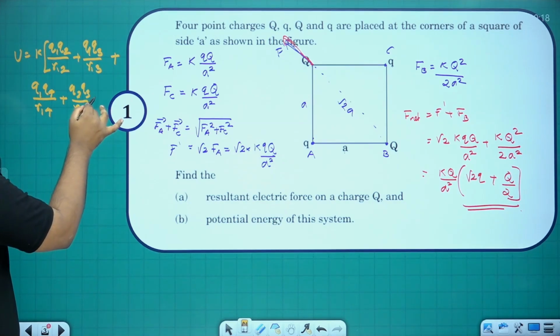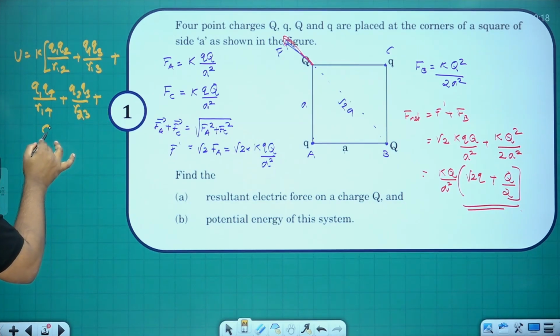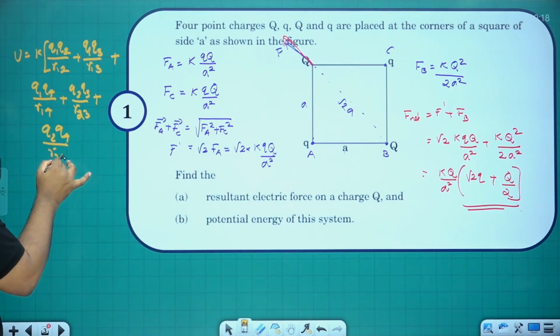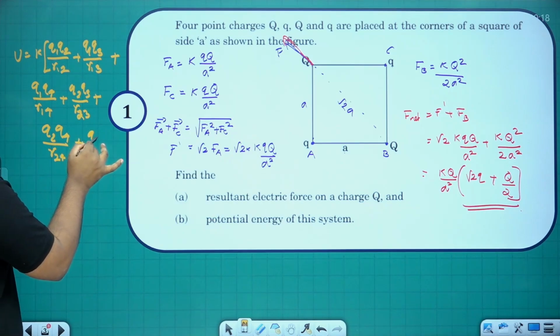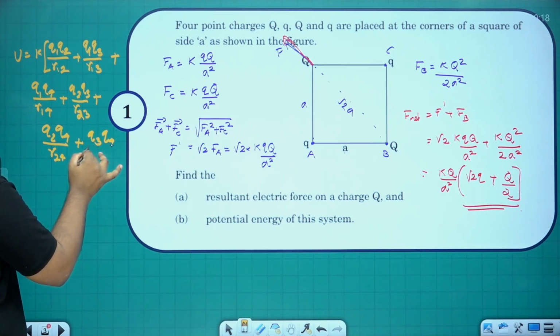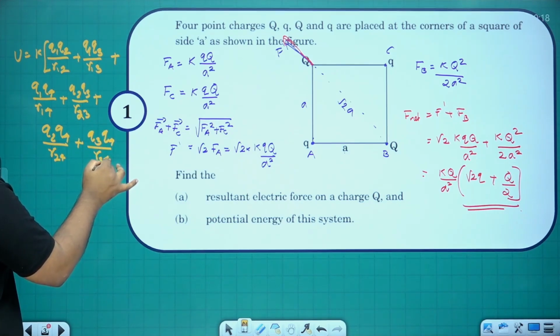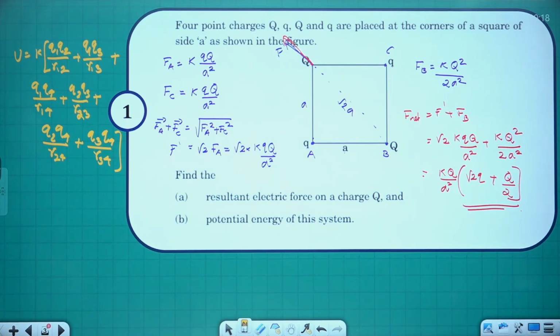You need to think about the possibility of all the pairs: Q2 Q4 by R24 and finally Q3 Q4 by R34. So these many terms are there. Because of the space constraint only I am writing like this.